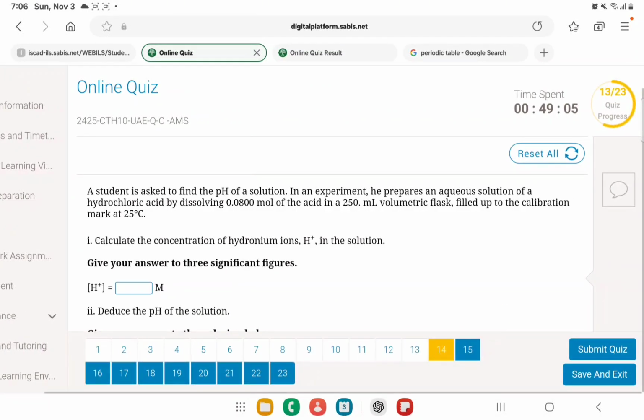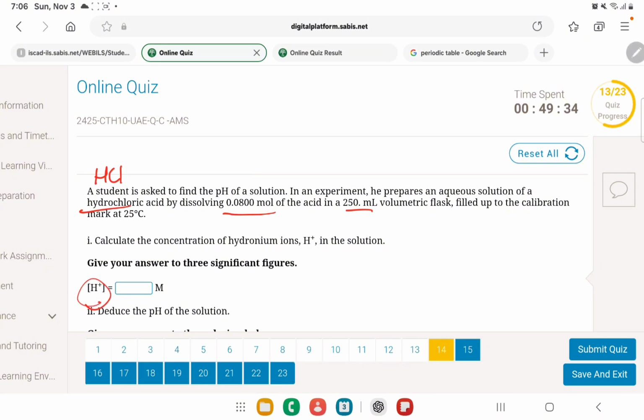Okay, a student is asked to find the pH of a solution in an experiment. He prepares an aqueous solution of hydrochloric acid by dissolving 0.08 moles of HCl into a 150 milliliter volumetric flask filled up to the calibration mark at 25 degrees Celsius. So here they want us to find the concentration of H plus, and they gave us the moles and the volume.